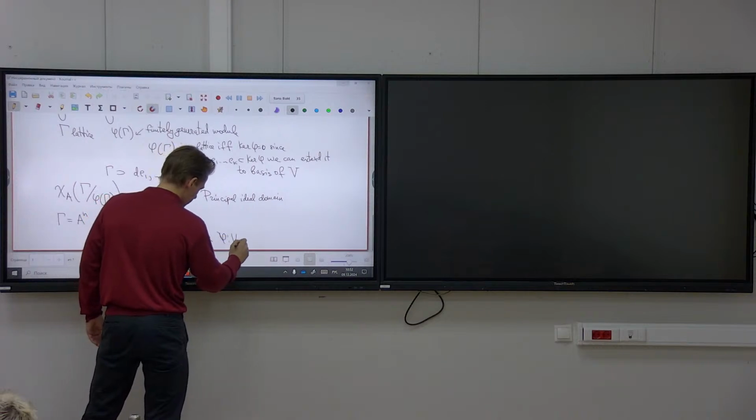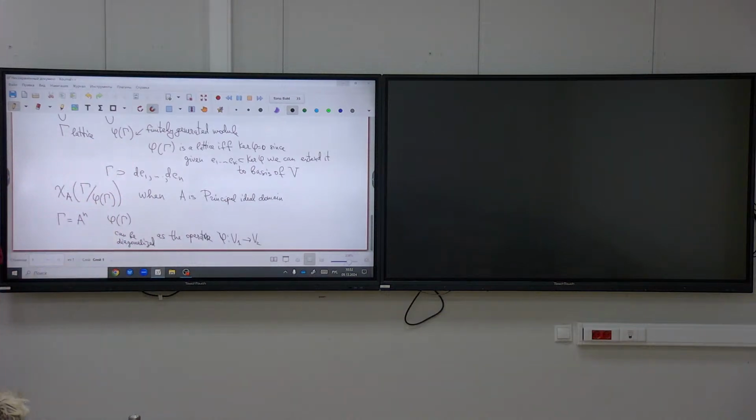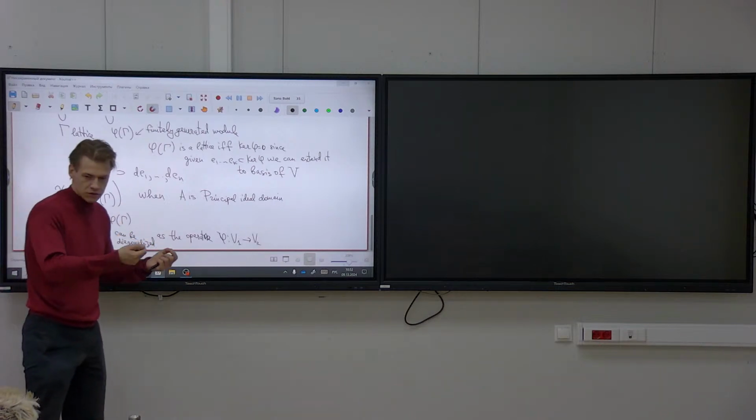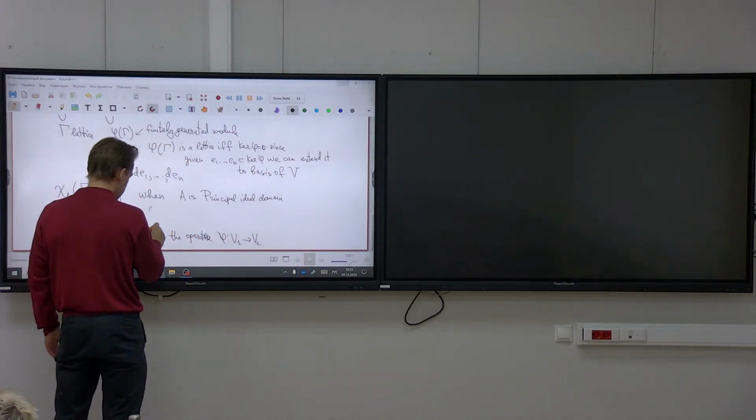So from V1 to V2, if the spaces are different, in order to put the operator in diagonal form, you are allowed to change the basis of V1 and of V2. In this case, you can diagonalize it over a principal ideal domain.